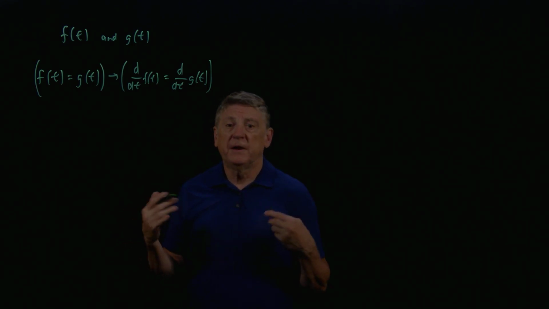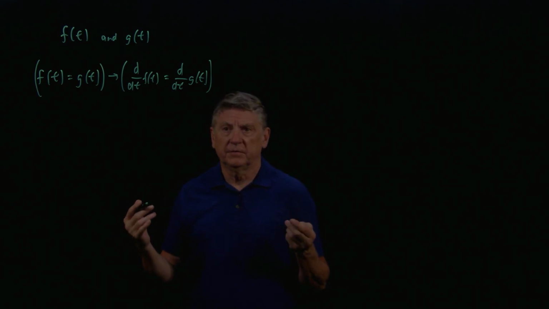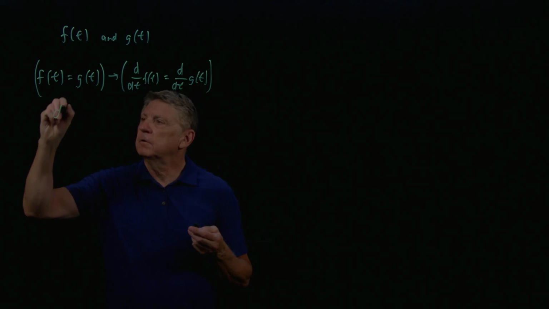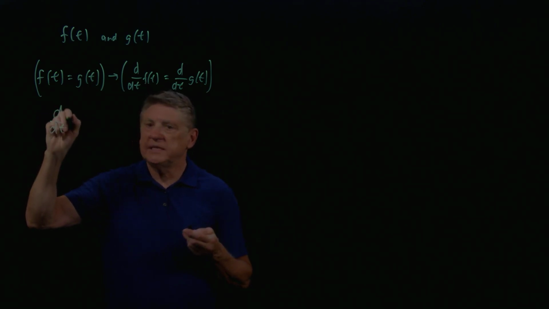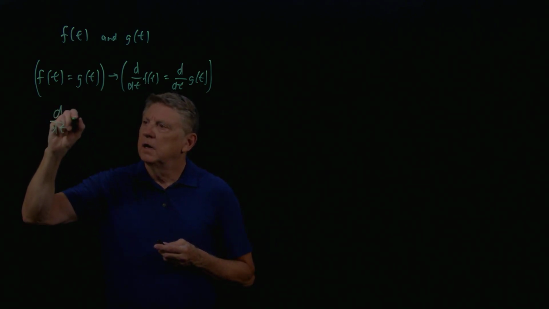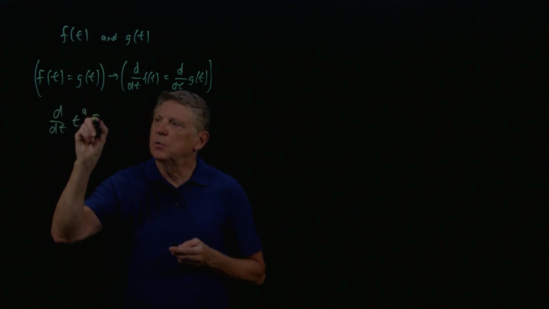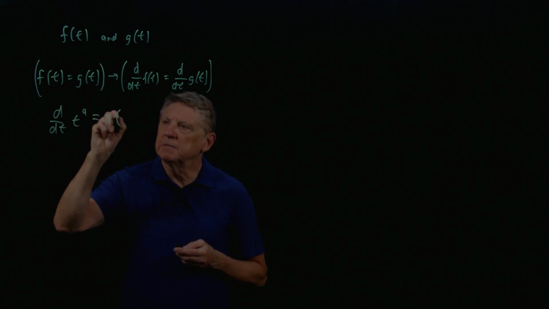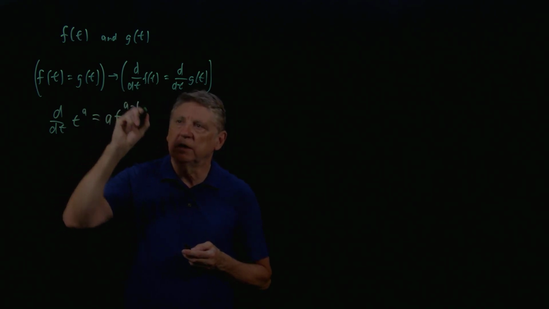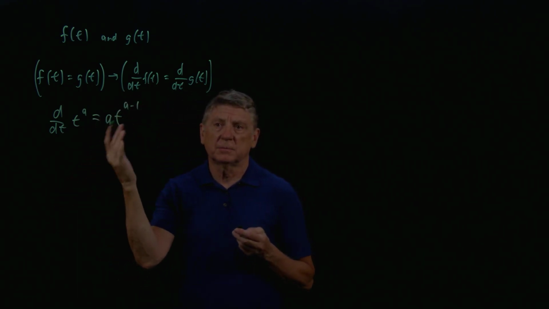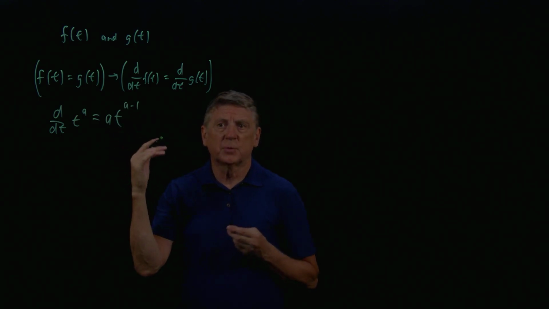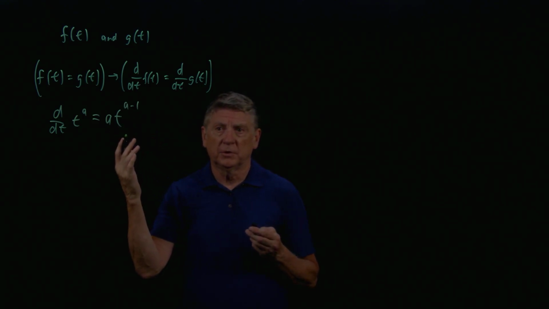So what are some very simple examples of derivatives? Well, the derivative with respect to t of t to some power a equals a times t to the power a minus 1. This is sometimes called the power rule, and it's what we use to differentiate polynomials.